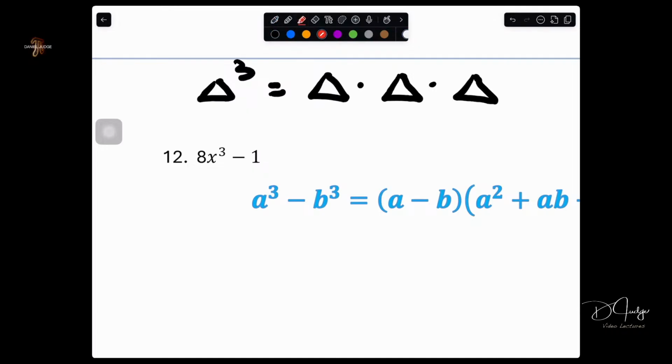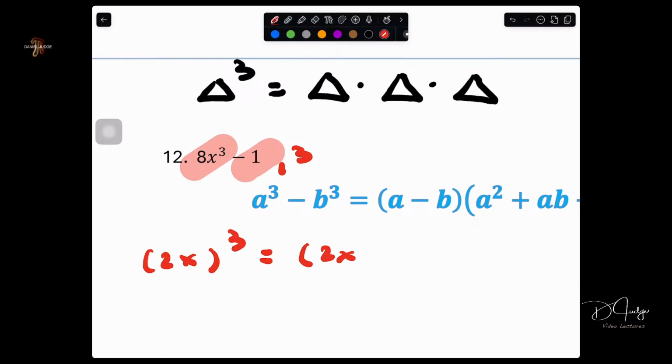So you're going to have here a perfect cube. We know 1 is a perfect cube because 1 is written as 1 to the third power. Although you may have forgotten that 8x cubed we can write as 2x to the third power. Let me verify that 2x to the third power now is a perfect cube for you.